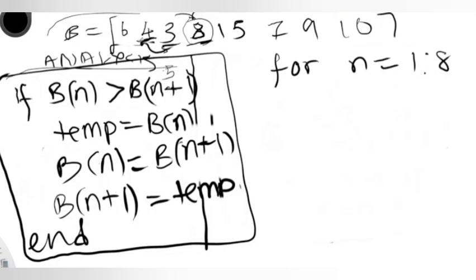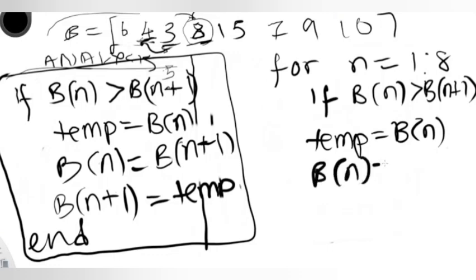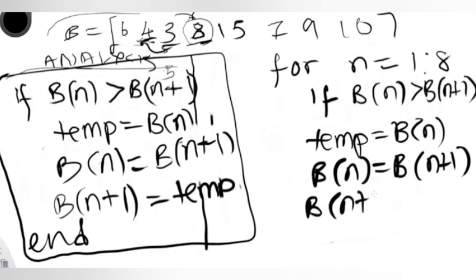Then under this for loop, it's where you put if b n is greater than b n plus 1, temp is equal to b n, b n is equal to b n plus 1, then b n plus 1 is equal to temp.